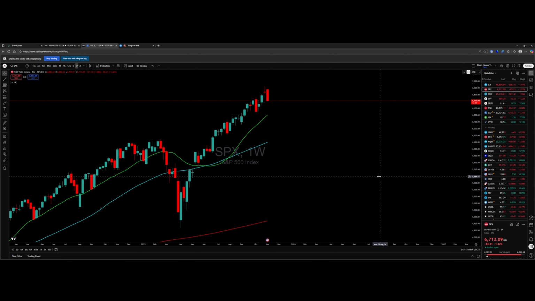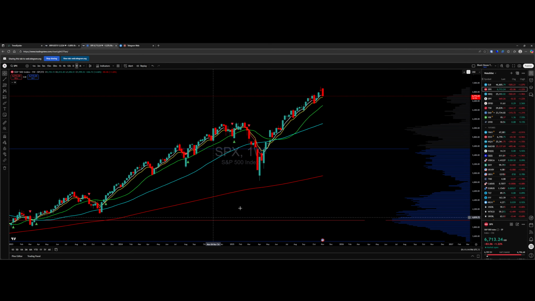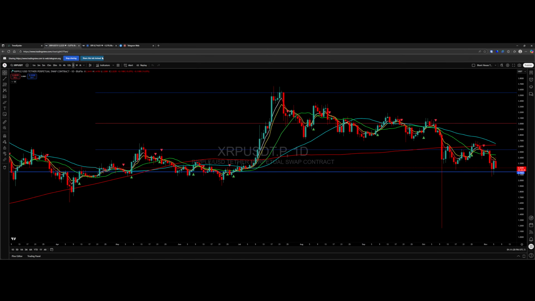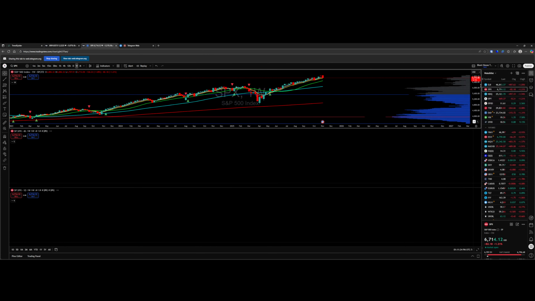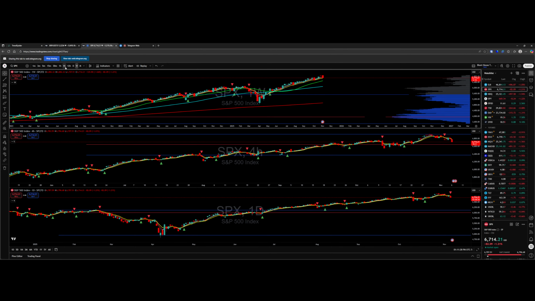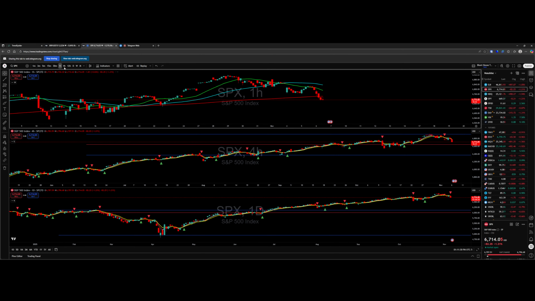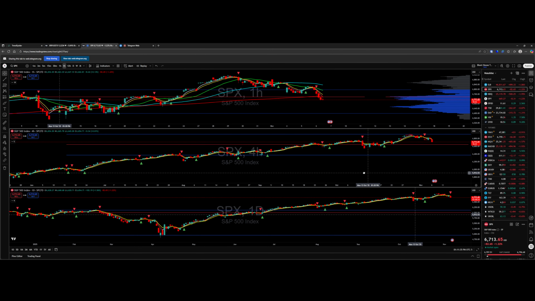If we look at SPX, which is the S&P 500, actually another idea. Let's go here. Okay, so what we have here is SPX on a few different time frames.